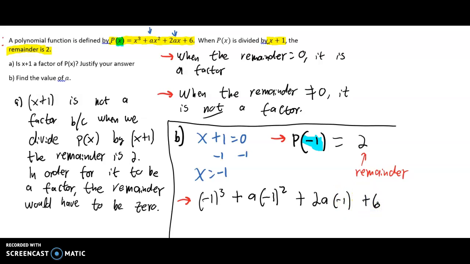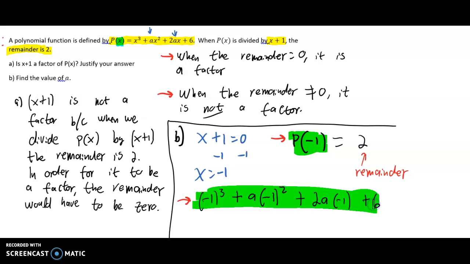So let me do some color coding. In green, p of -1, all of this is p of -1 because we plugged it in. And all of that equals 2 because that's what our remainder is. And our remainder theorem states that when we plug in this number, we're going to output the remainder.